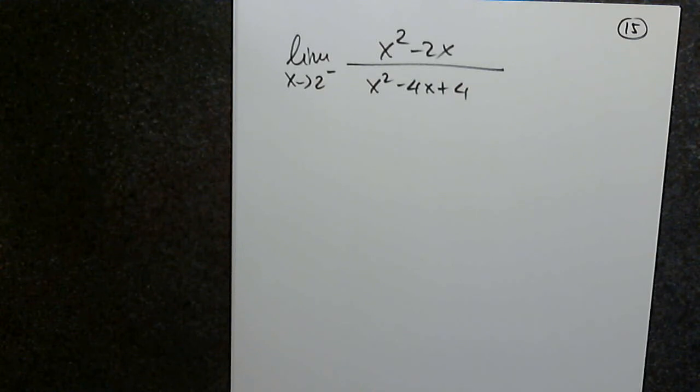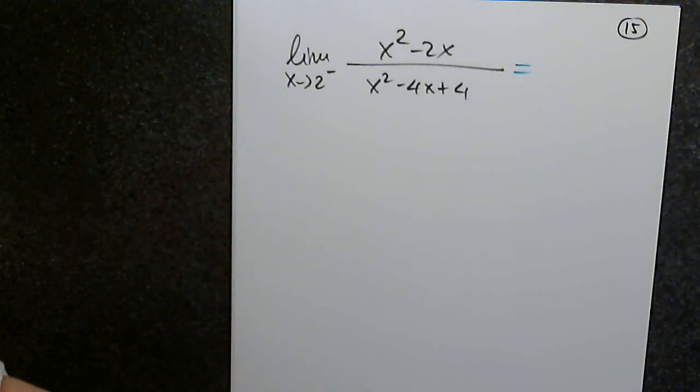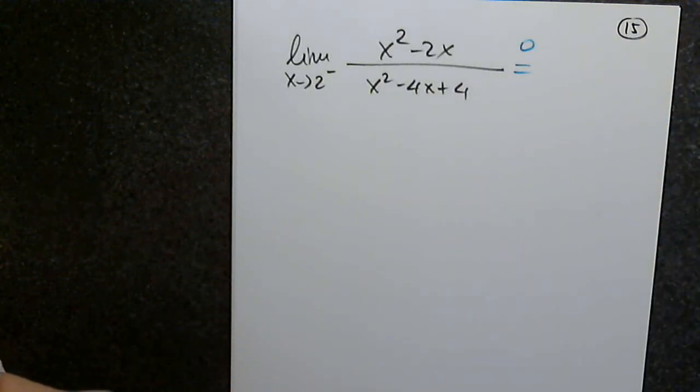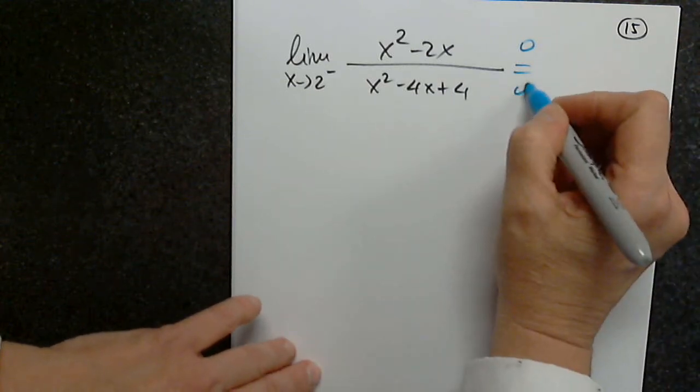Very good. We're asked to determine a limit. What do we do? Good. Top. Excellent. Denominator. Good.